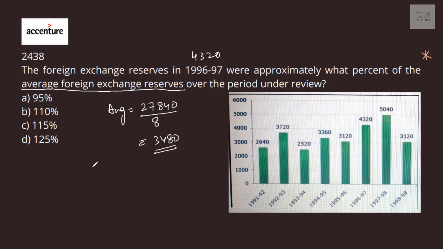So the question asked is, how much is 4320 as the percentage of 3480? We'll calculate the percentage. It is 124 something, 125% approximately. Yes, I'll go with option D.